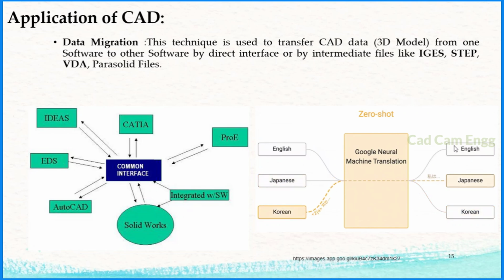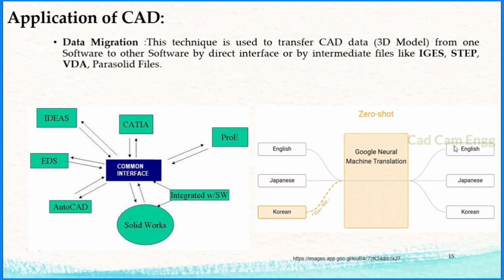Sometimes we create using Solidworks, and this model we want to transfer to some other CAD platform. So we want to exchange the data. Sometimes we want to convert one format to another format. This CAD software, especially Solidworks, supports migrating the model from one software to another software.